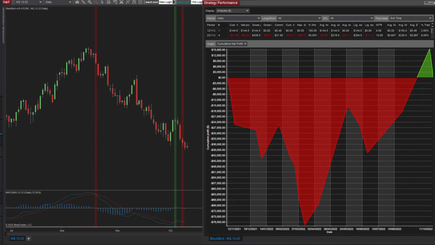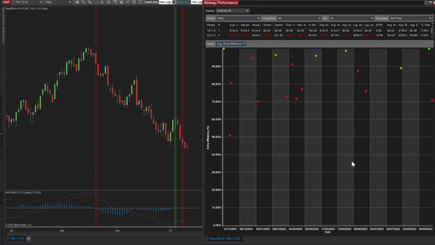This is an equity curve of the NQ on the daily time frame over a period of 365 days. As you can see, it's not exactly what you'd want to see.